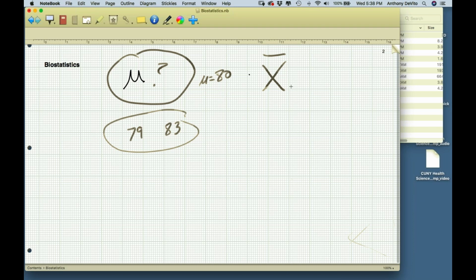What I might get. So when I take a sample from this population, I'm going to be getting blood pressure readings from many people, let's say 100 people. So first person might be 73, second person might be 80, 83, next one might be 80, 80, 81, 84, 75, 90, right?